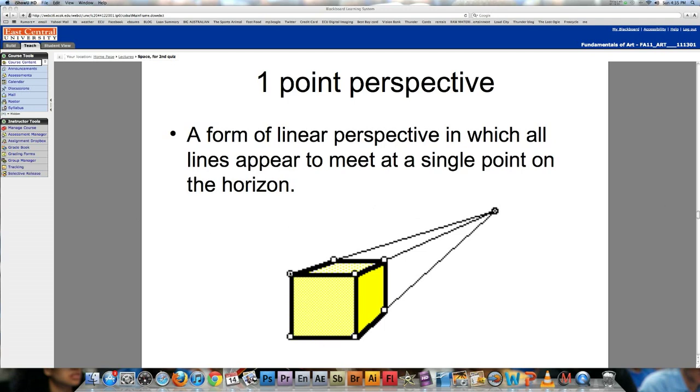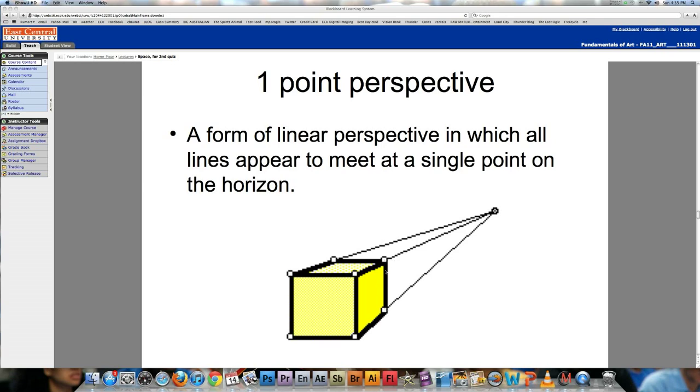Okay? So if you drew a square here, just imagine that this isn't a cube, but you drew a square. Then to get these lines that represent the side and the top of this now cube, you connect the corners to this vanishing point.